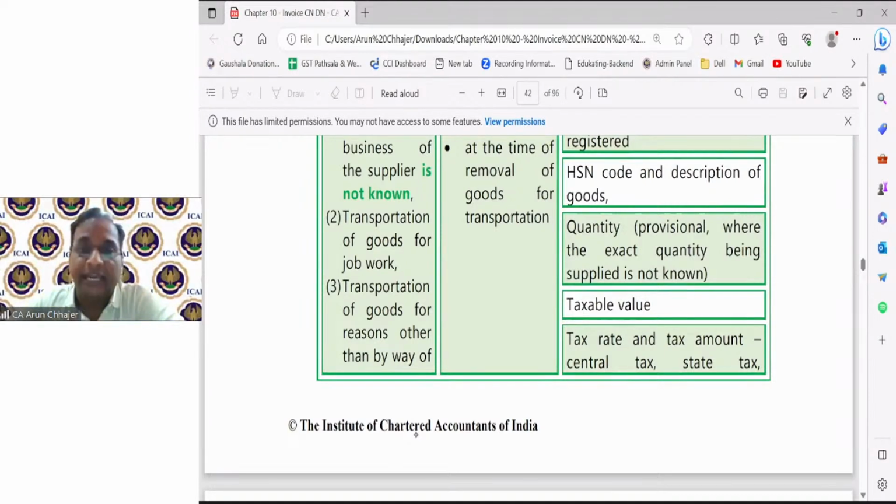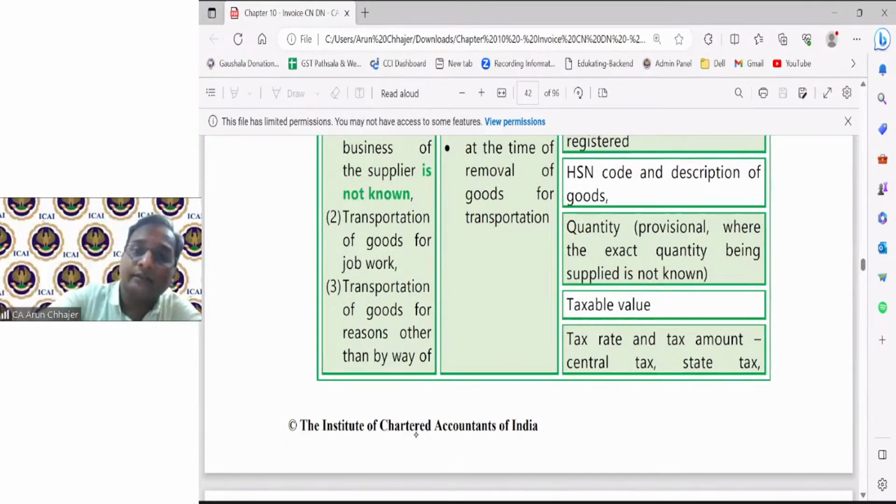For that, I have to carry my camera, my laptop, everything. If I am carrying these from one location to another, is it a supply? No, sir, it is not a supply. When I move the camera, the laptop, these machines for carrying out my service, for that movement you need a document. That document would be the delivery challan.